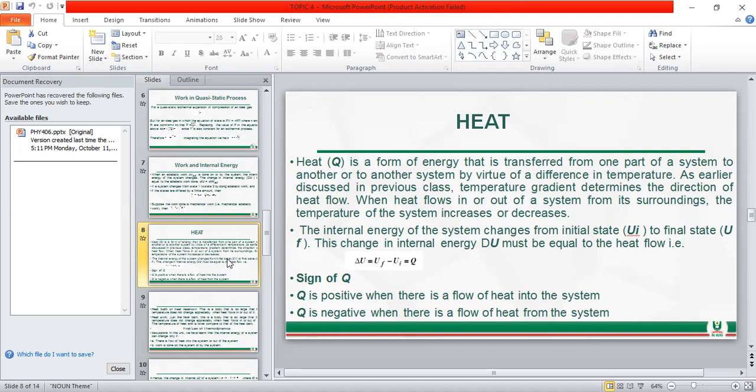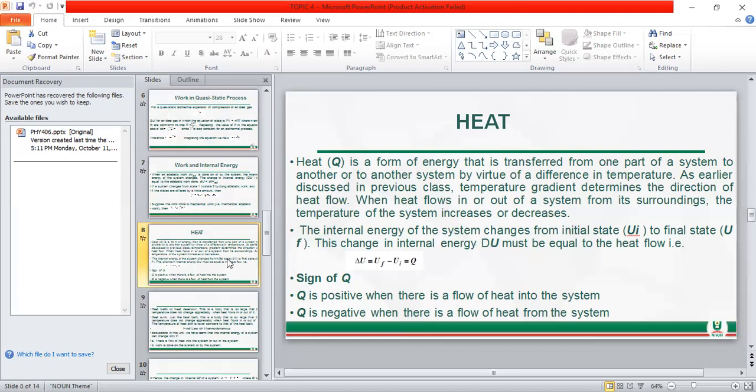Heat can flow in from its surroundings or out from the system. Let me state that again: it can flow from a system to the surroundings, and vice versa, from the surroundings to a system. So the temperature of the system increases or decreases.